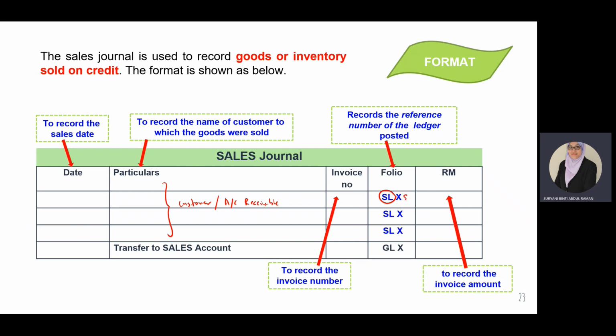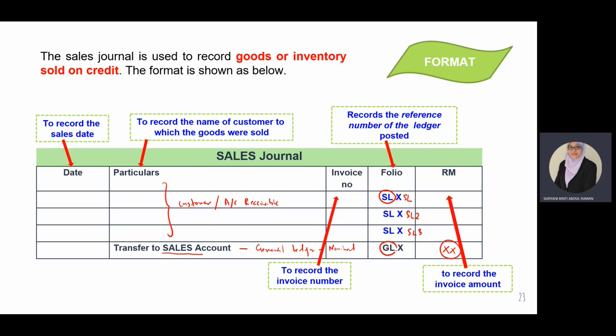For example, SL1, SL2, SL3, and continue. At the end, you find the total, and this total of sales is to be transferred to sales account. The sales account is under general ledger. Why? Because it is a nominal account.